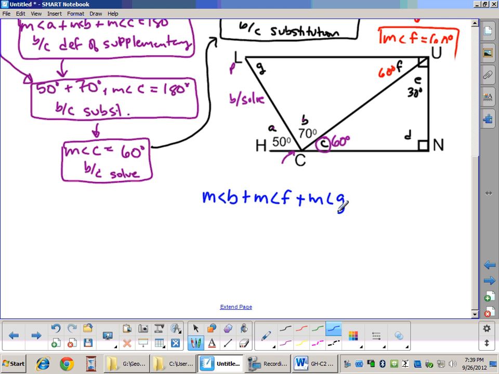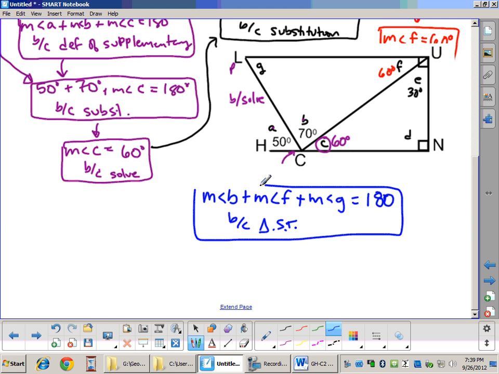That's going to be because of the triangle sum theorem. Now that comes from the structure. That doesn't come from anything directly, but that's going to be this triangle right here. All three pieces add up.